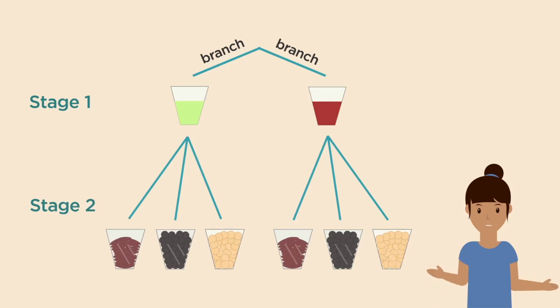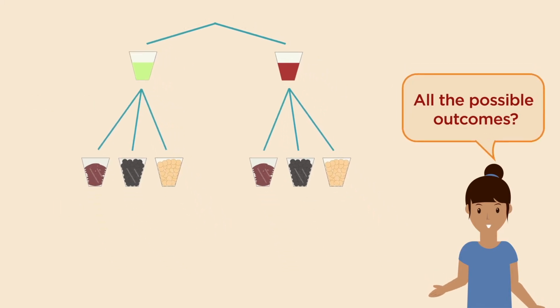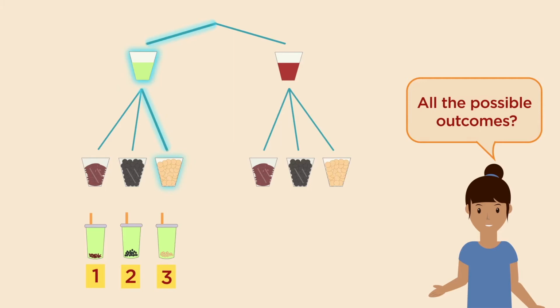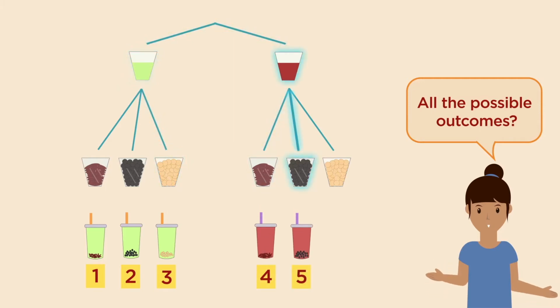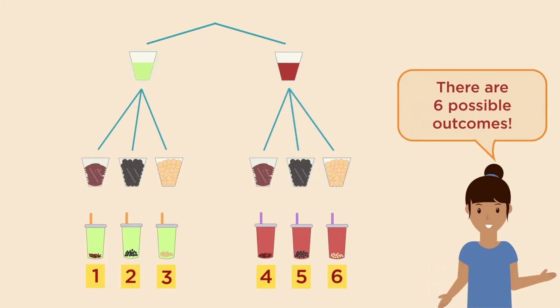For the second stage, the outcomes are again at the end of the branches. So how many possible outcomes are there? We can just count. Green tea with red beans, green tea with black pearls, green tea with white pearls, red tea with red beans, red tea with black pearls, red tea with white pearls. So there are 6 possible outcomes.